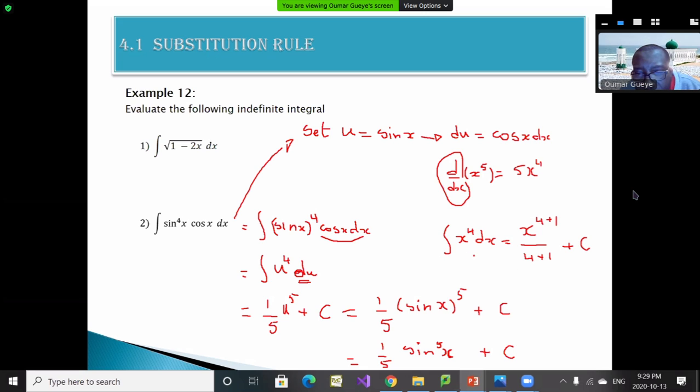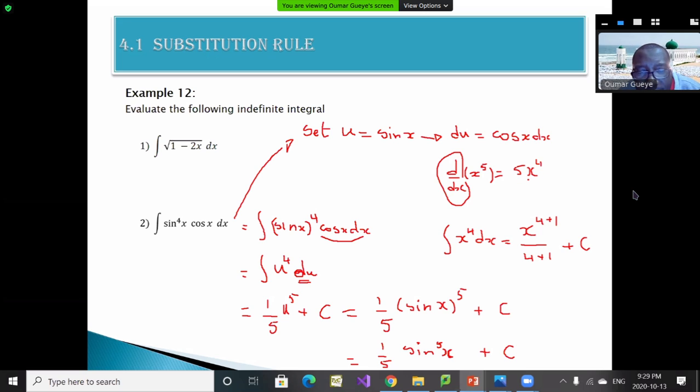This notation means find the antiderivative of x to the power 4 when x is a variable. That's the meaning of the dx. When you integrate, you already calculate the antiderivative, so there is no dx anymore. It's like when you calculate the derivative, there is no dx anymore because you differentiate.